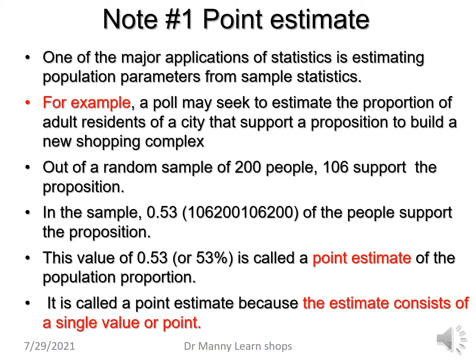Out of a random sample of 200 people, 106 support the proposition. In the sample, 0.53 of the people support the proposition. This value of 0.53 is called the point estimate of the population proportion. It's called a point estimate because the estimate consists of a single value or a single point.